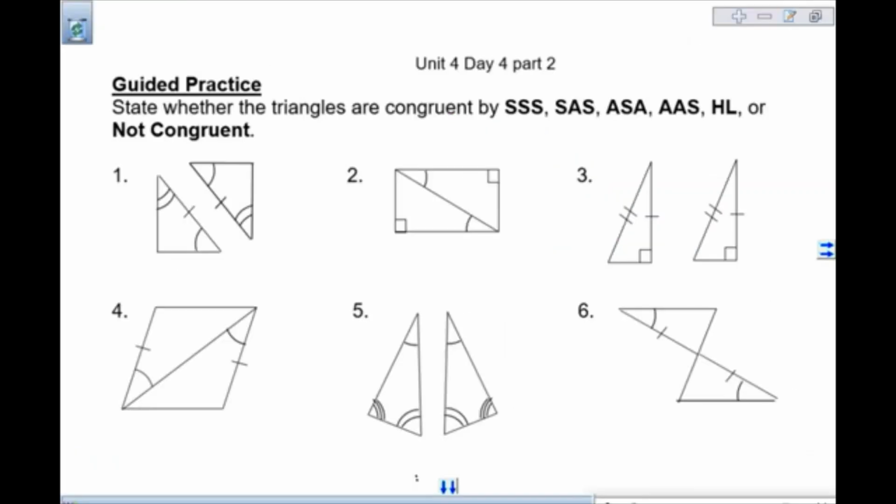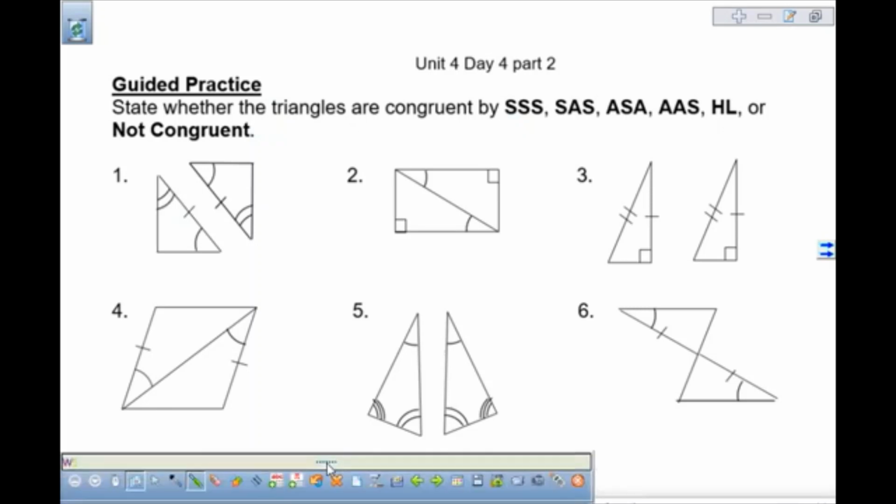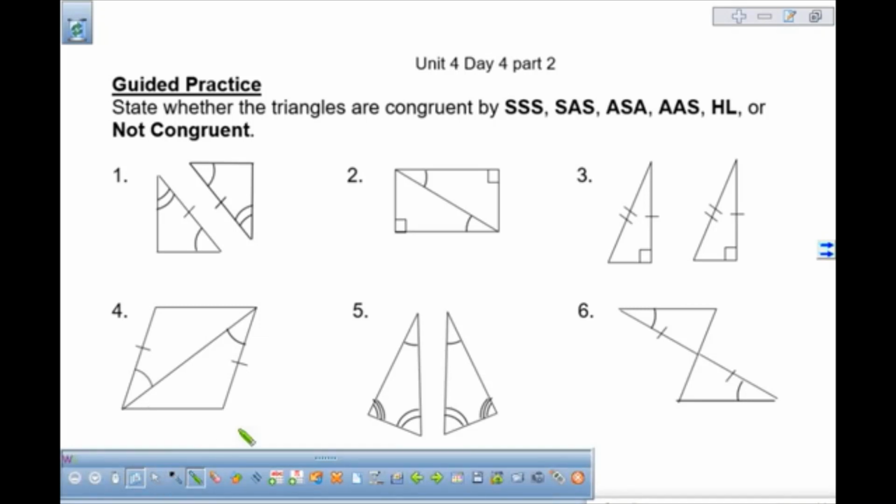Working on the guided practice. We have one set of angles and another set of angles and one side.